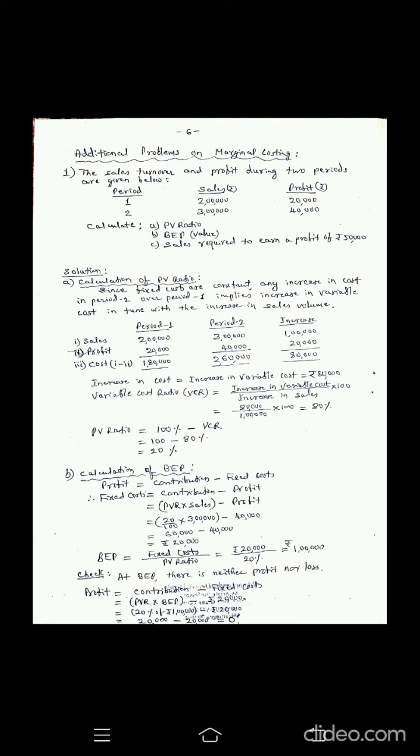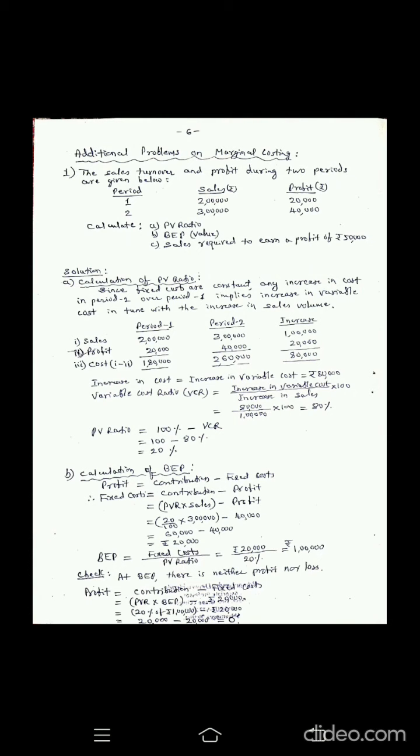One more point to be noted is that the difference between sales and profit will be the total cost. So, in the last column, increase in sales, increase in profit, and increase in cost are given.